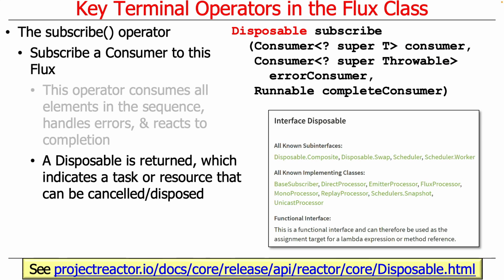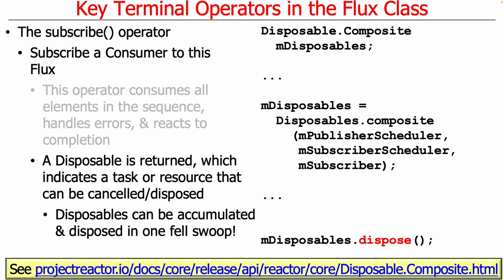What's returned is something called a disposable, which is essentially a means to keep track of a task or a resource that needs to be canceled and or disposed. So the disposables, as we'll see when we get a little further along, can actually be collected up and stuck in something called a composite disposable.